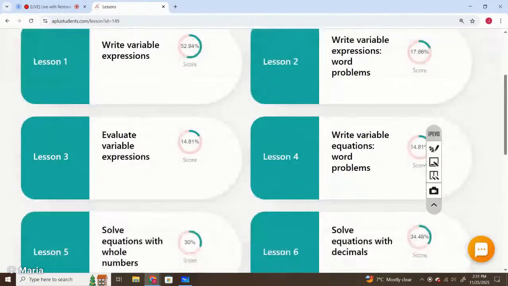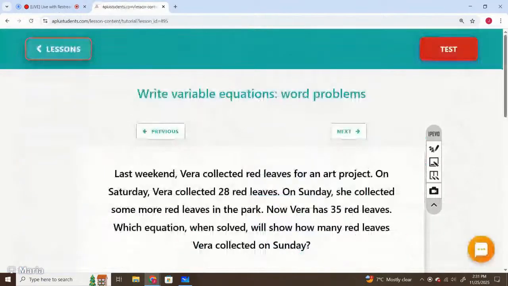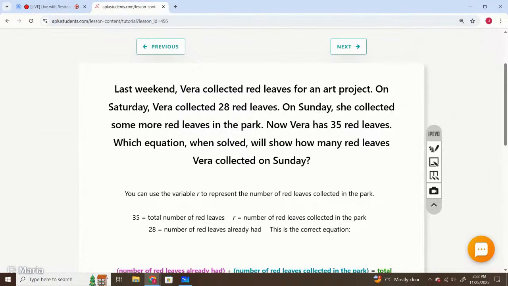Write variable equations, word problems. Last weekend, Veera collected red leaves for an art project.